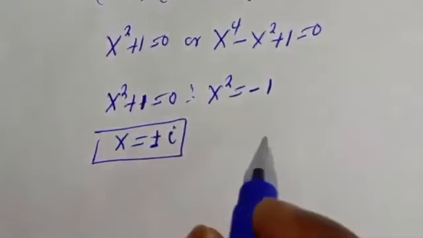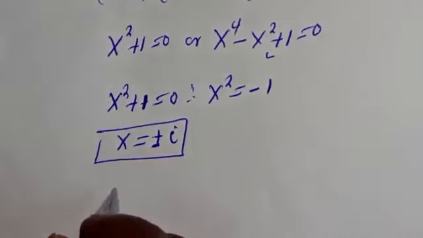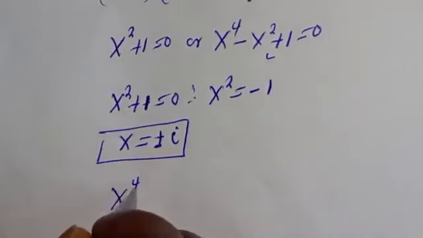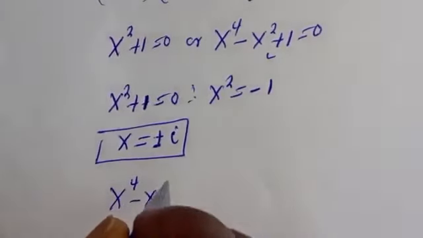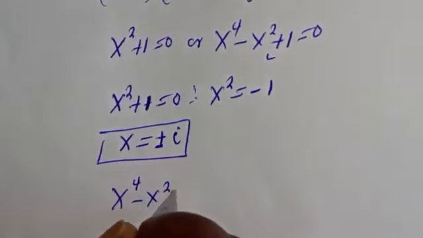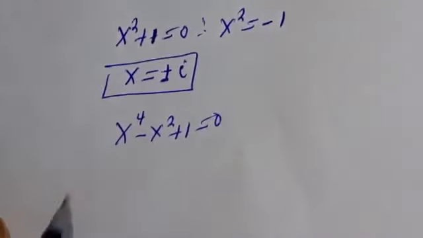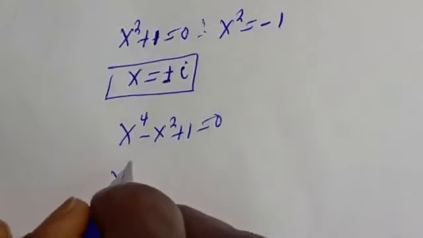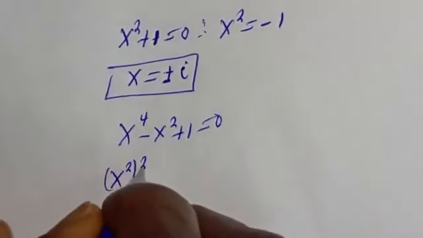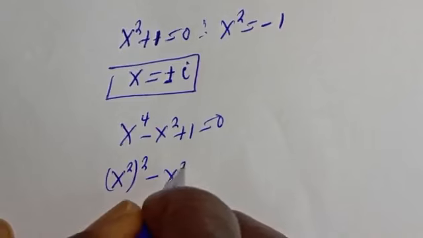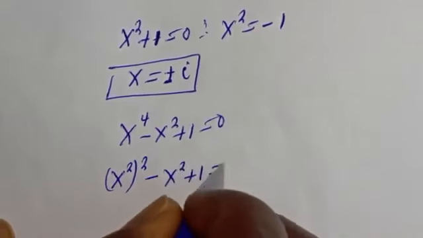Now let's consider this case. s raised to power 4 minus s squared plus 1 is equal to 0. So this can be written as s squared squared minus s squared plus 1 is equal to 0.